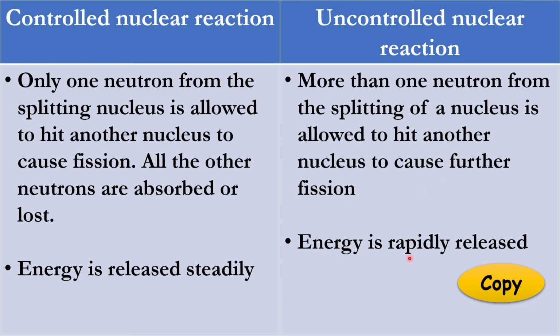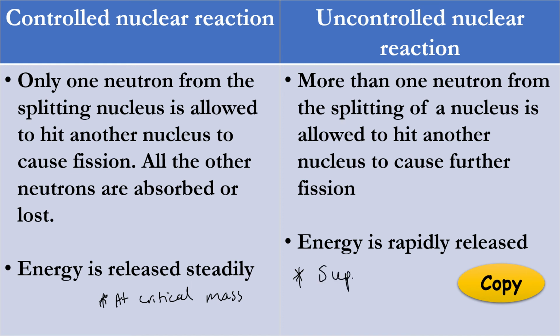The energy in this case is rapidly released, and also, like we said, in terms of the mass, to have a controlled nuclear reaction, we want it at the critical mass. And if we want uncontrolled, we want to be well above.